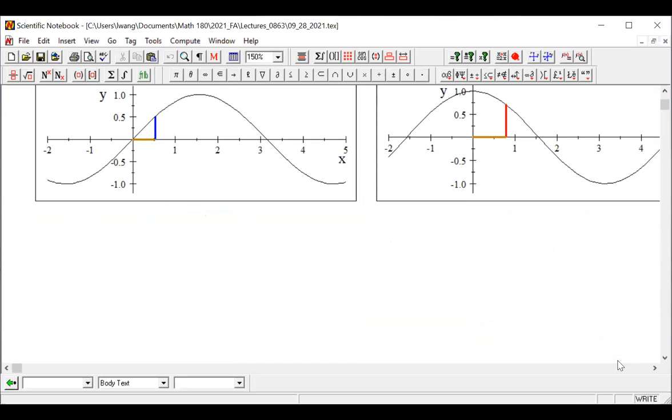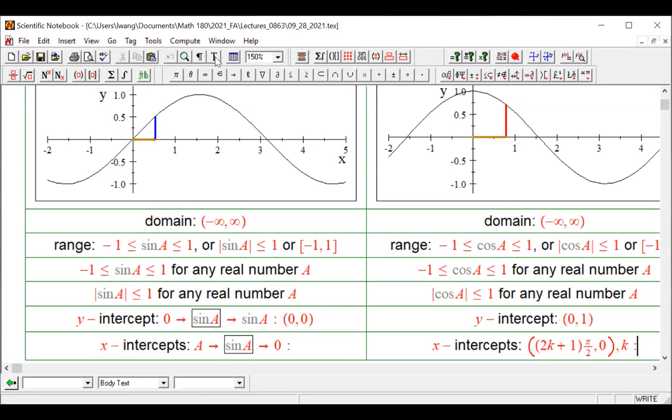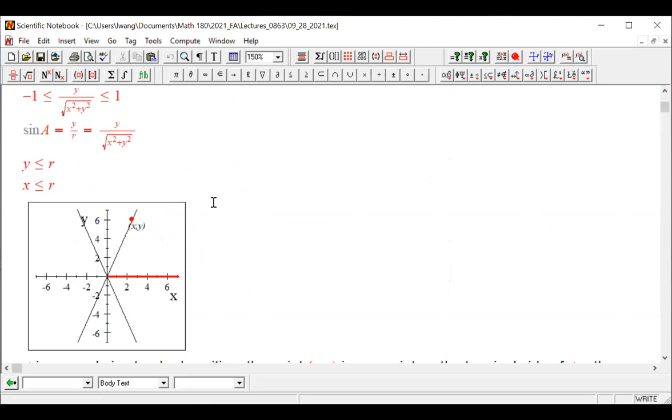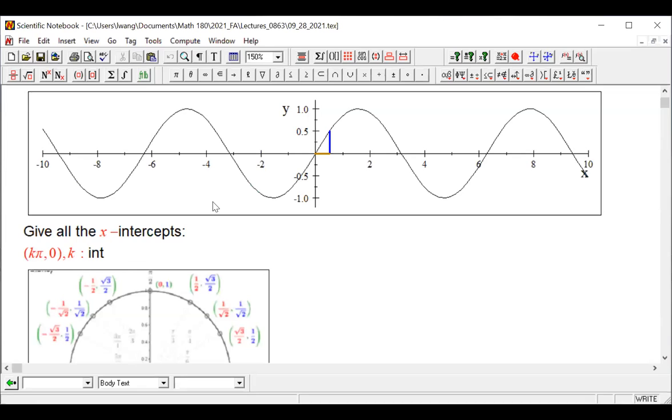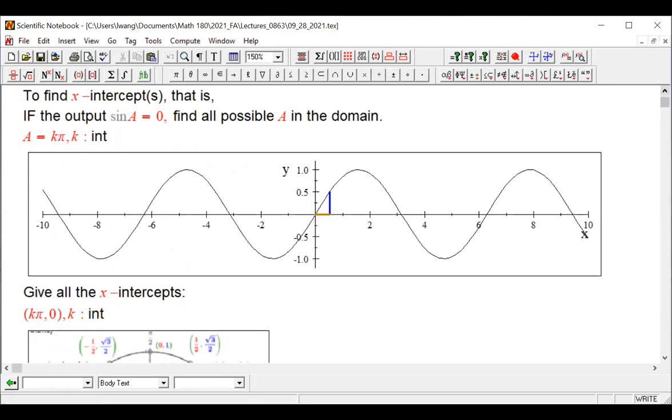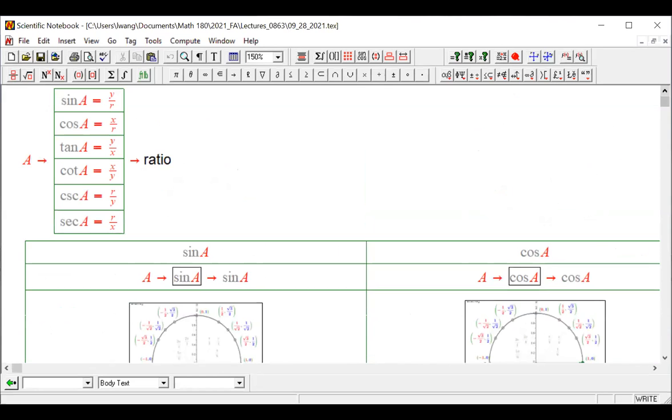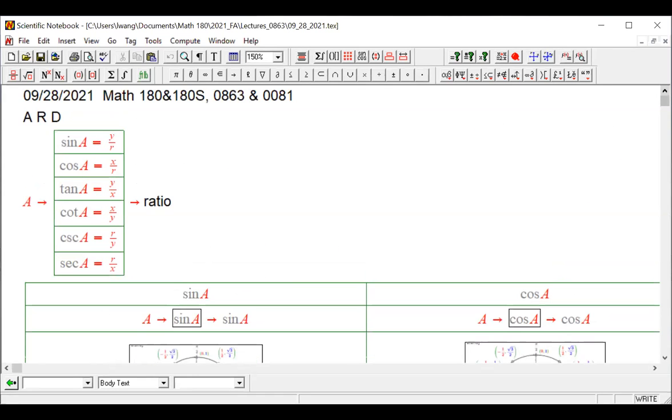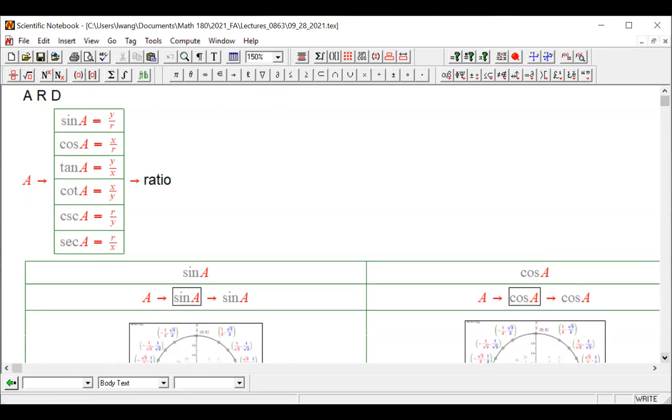There's another form to express an odd integer. The other form to express an odd integer is 2k minus 1, okay? So you can use either 2k minus 1 or 2k plus 1.